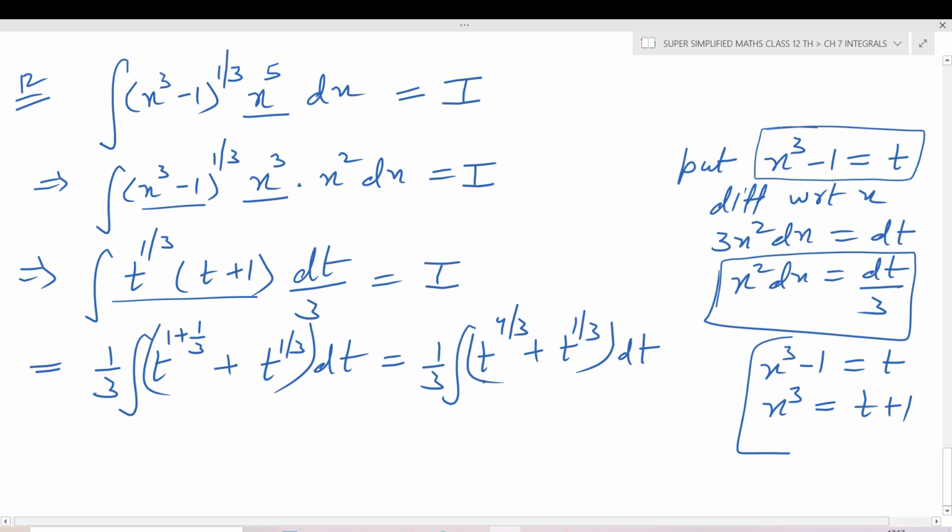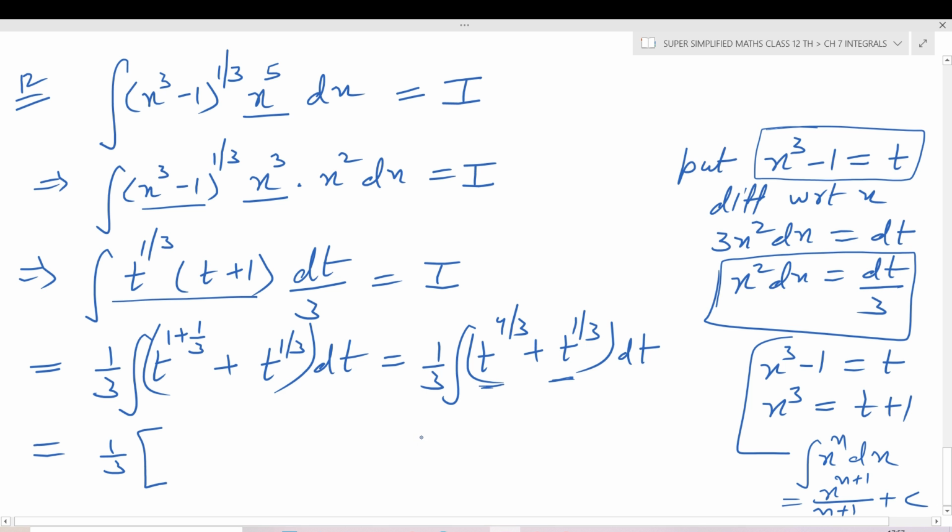So now I will integrate both these terms, and which formula I am going to use? I am going to use this formula. Integration of x to the n is going to be x raised to the power n plus 1 upon n plus 1 plus c. So therefore 1 by 3 and t raised to the power 4 by 3.